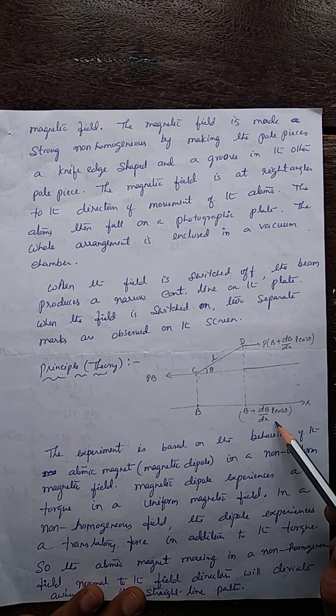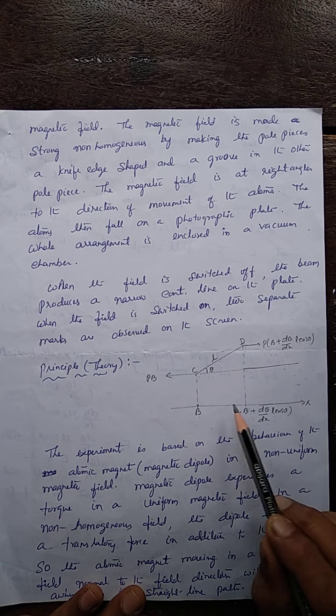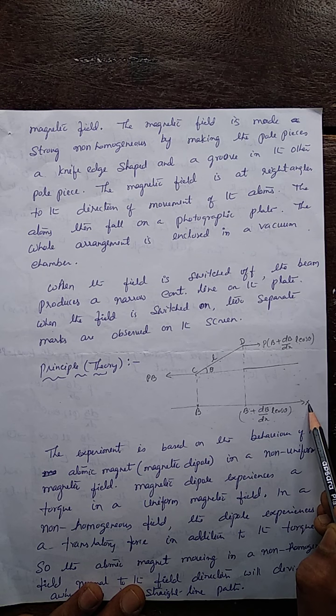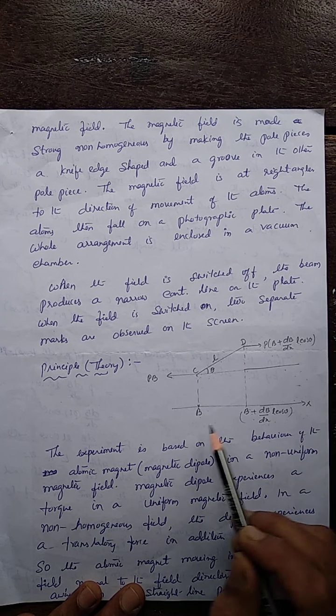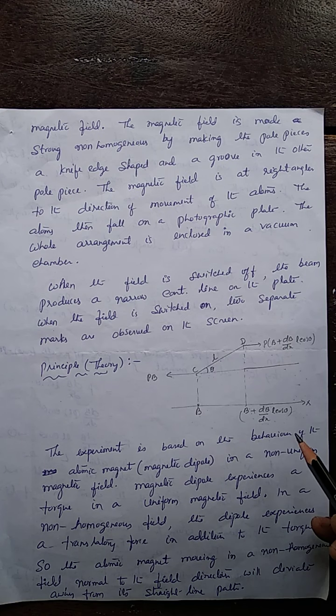It is called the field gradient. The field is non-uniform, and the field gradient is dB by dx, meaning the change of the field with the distance. See, the field is varying along the x direction. Variation of the strength of the field along this direction is dB by dx, called the field gradient.